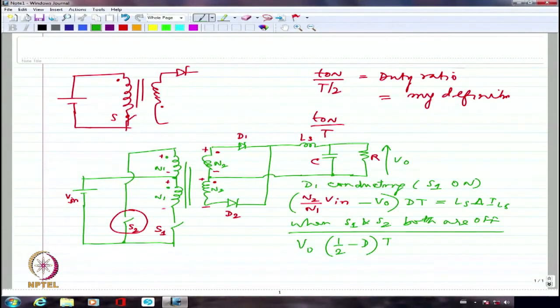Then from T by 2 plus whatever is the time duration of T on, for that duration the second switch is going to be on. So we are essentially looking at something like this. The waveform will be somewhat like this.